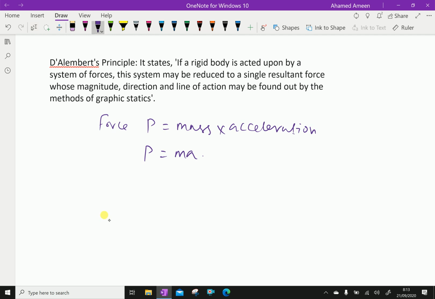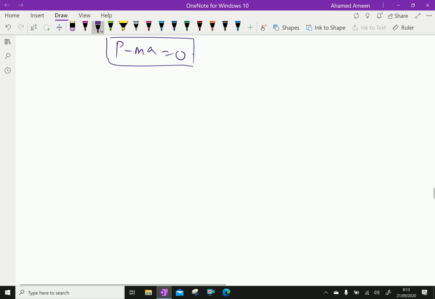Now we can get P minus ma equal to 0. This equation from D'Alembert's principle, P minus ma equal to 0, is used to solve some problems, which are discussed here.